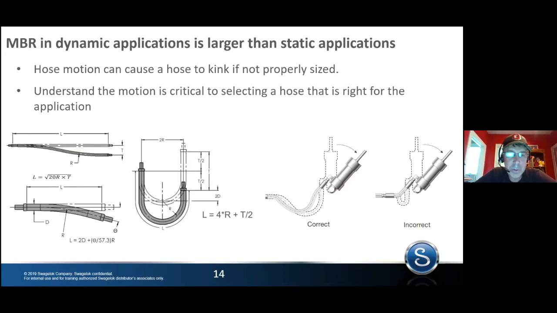And so too often we see a hose fail and the user orders the same hose to the same length and puts it back in service, and of course it fails again. So always understand, especially in a dynamic application, that the hose length is critical in determining what the hose lifetime will be.